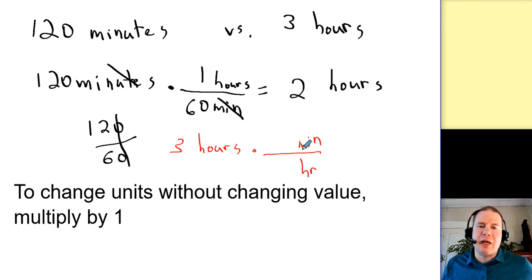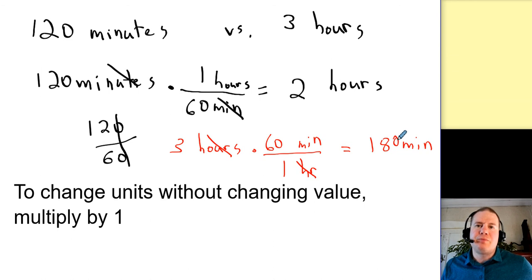Well, it's not 60 hours in 1 minute, it's 60 minutes in 1 hour. Hours cancels. 3 divided by 1 is still just 3. 3 times 6 is 18, so 3 times 6 times 10 is 18 times 10. 18 tens we call 180. My units are now minutes, right? Whether I divide by 60 or multiply by 60 is determined by whether I'm converting from minutes to hours or from hours to minutes.